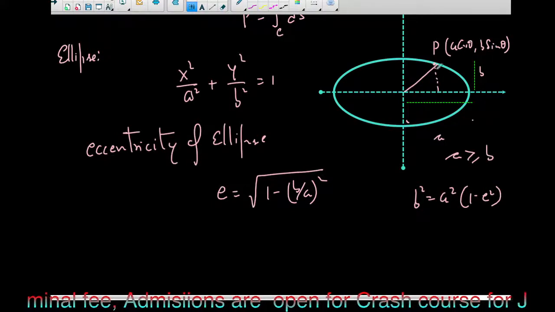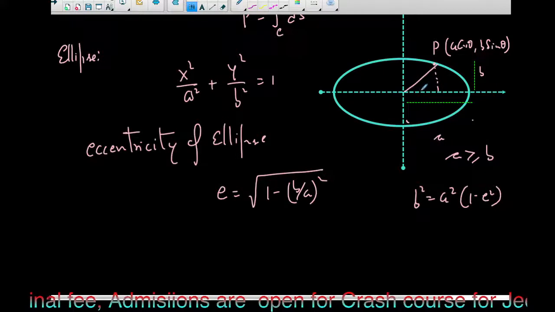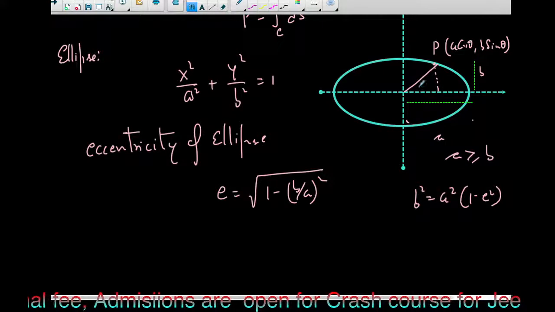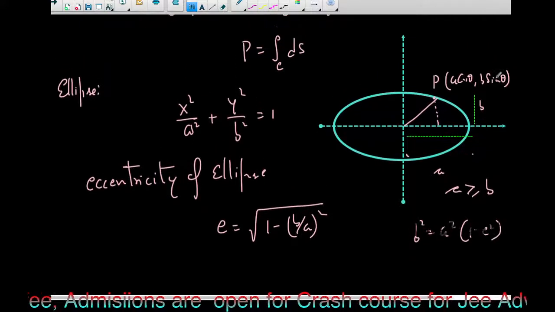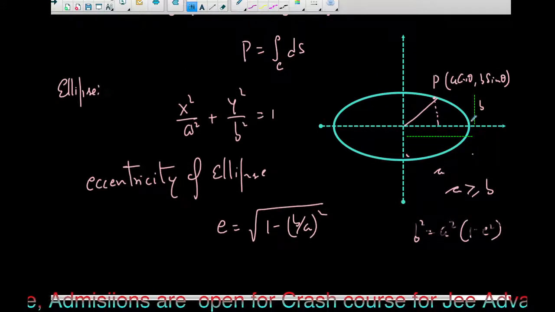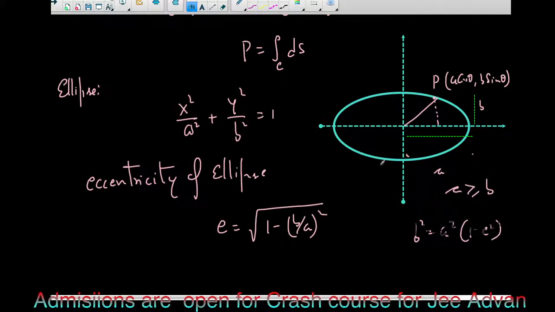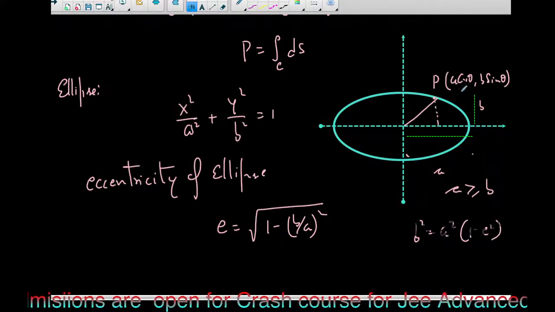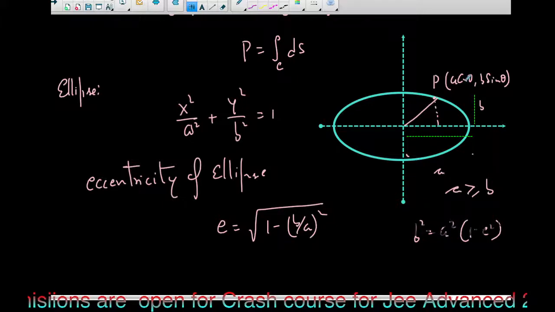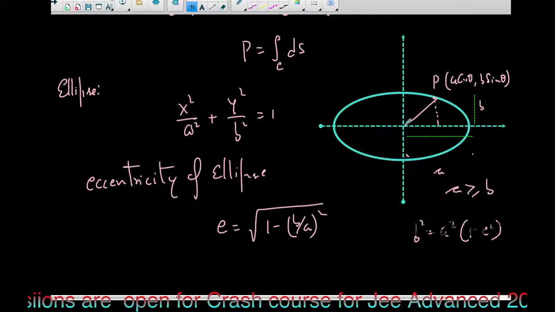One thing I want to tell you about this ellipse is that this angle is not theta, you should know well. This is some other angle, and this theta is actually called the eccentric angle. This comes from the auxiliary circle, but I'm not going into very detailed depth here. If you are interested, I can tell you.